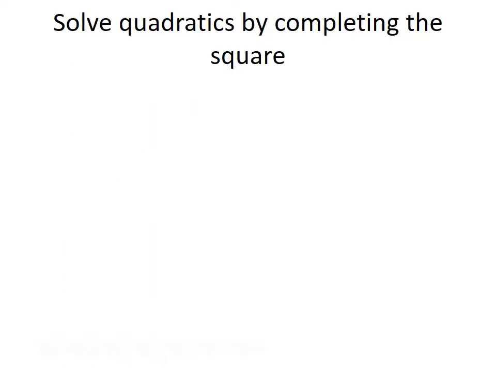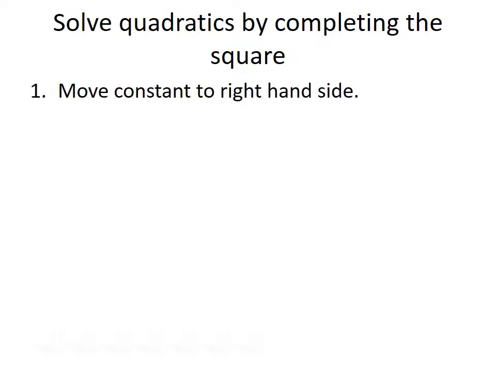So our next method for solving quadratics is to solve quadratics by completing the square. The first step is to move the constant term to the right-hand side of the equation. So if we start with the standard form of a quadratic, ax squared plus bx plus c equals 0, when we move the constant to the right-hand side, we would get ax squared plus bx equals minus c.